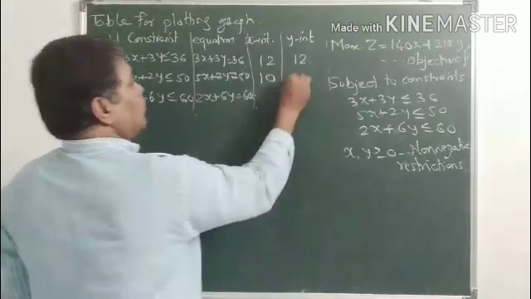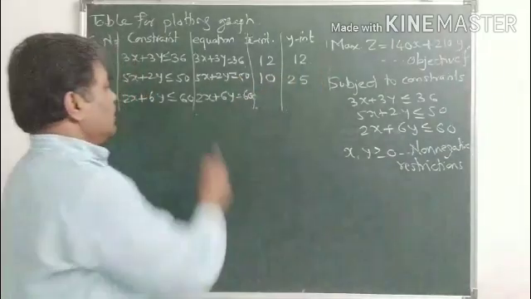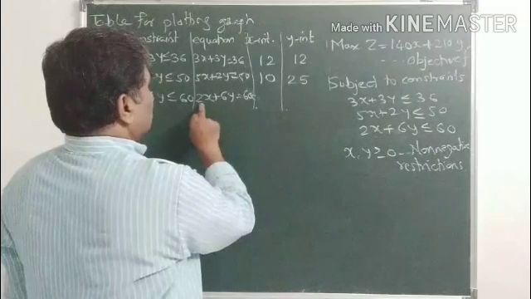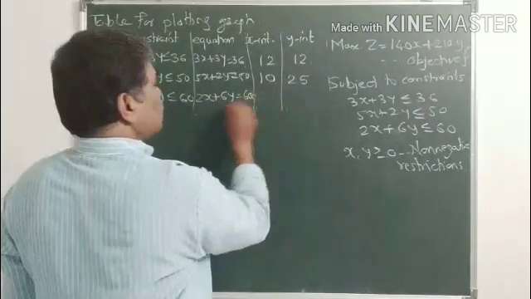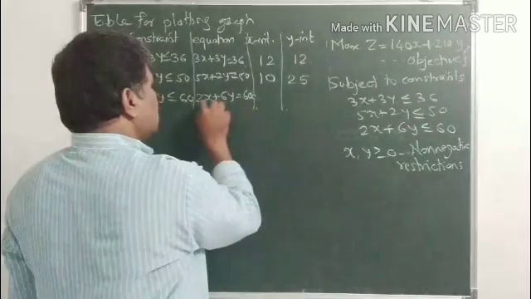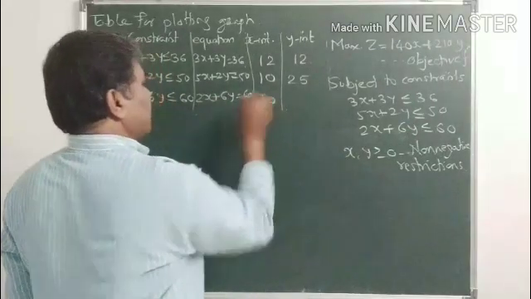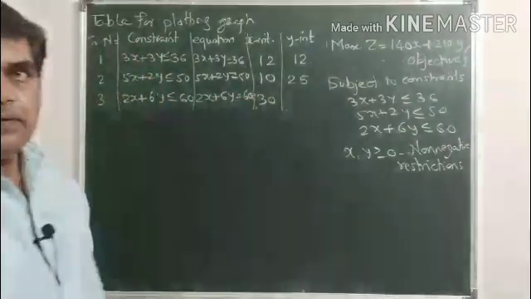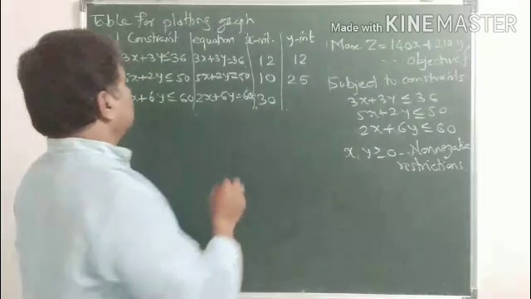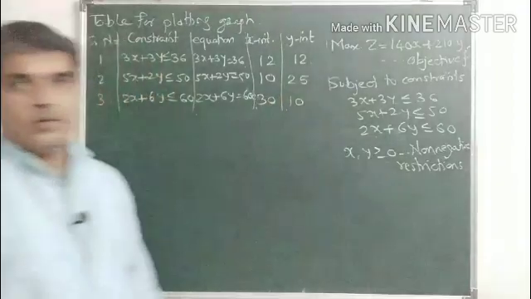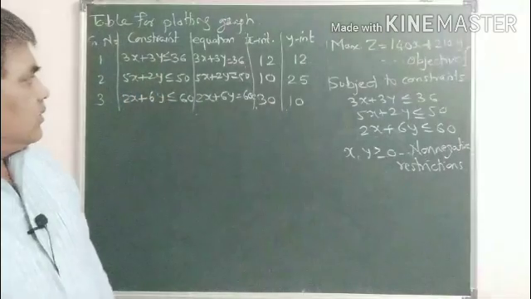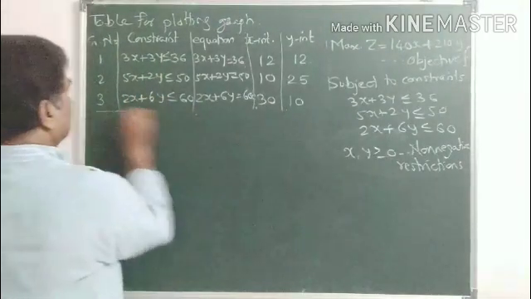Y-intercept is 25. For the third, 2x is equal to 60, keeping y 0, we get x equal to 60 by 2, that is 30. And the y-intercept is 10. Is it clear?